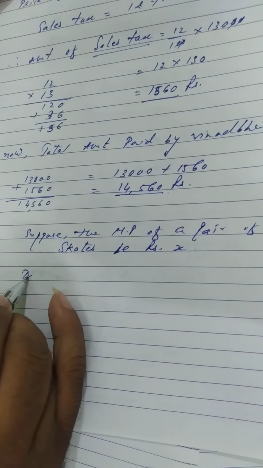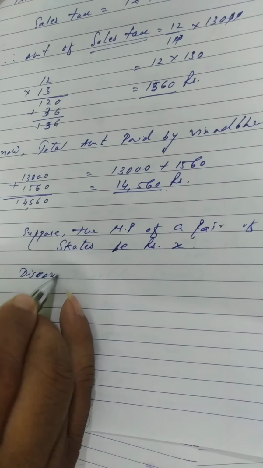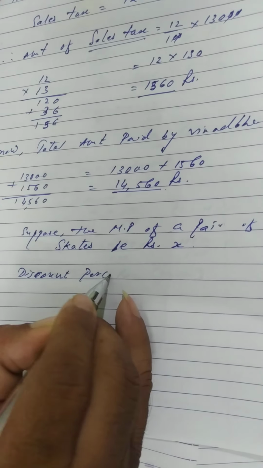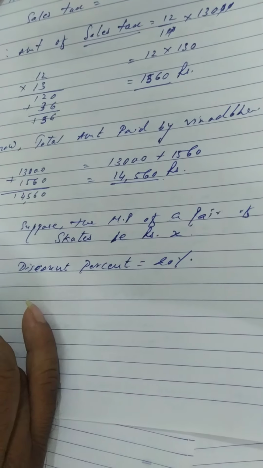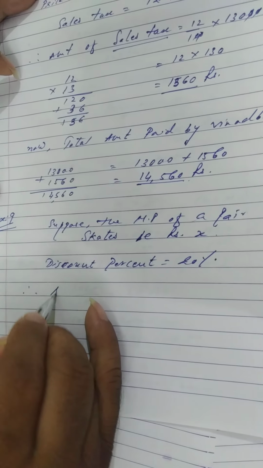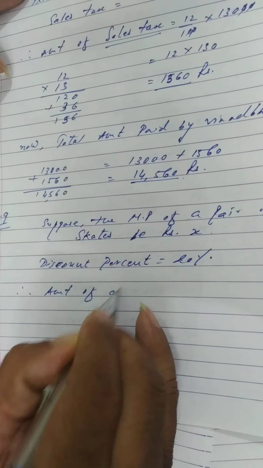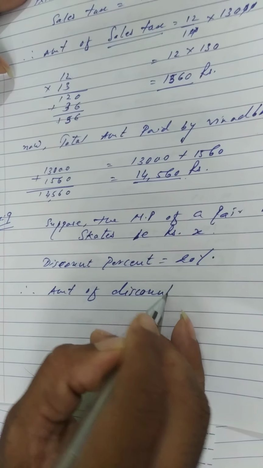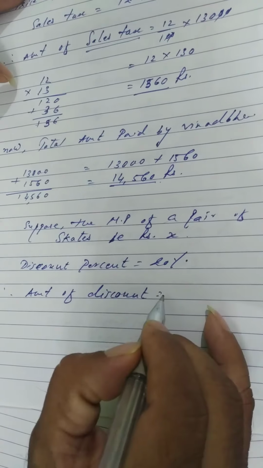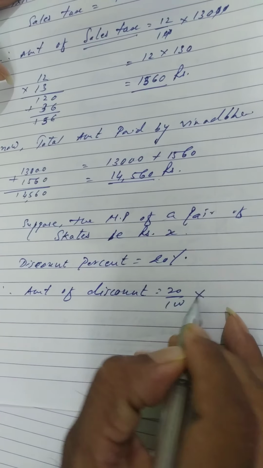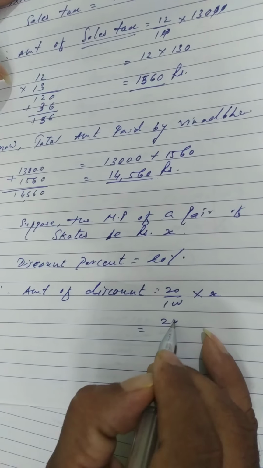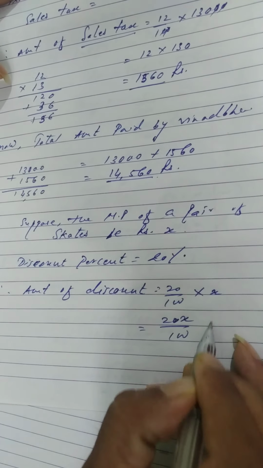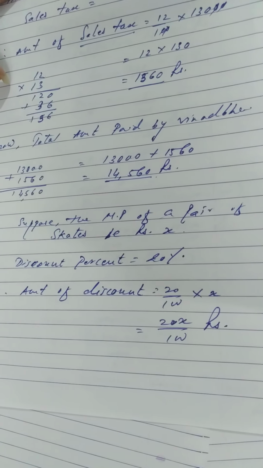And what is the discount? Discount percent is equal to 20%. Now from it we'll find the amount of discount. So the amount of discount is equal to 20 upon 100 multiply X is equal to 20x upon 100 rupees.